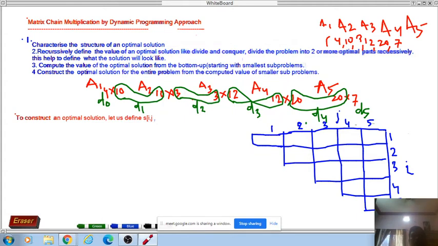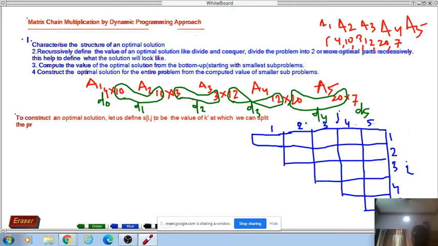S of i, j is the value of k, I'll explain what k is, do not worry, the value of k at which we can split the product.